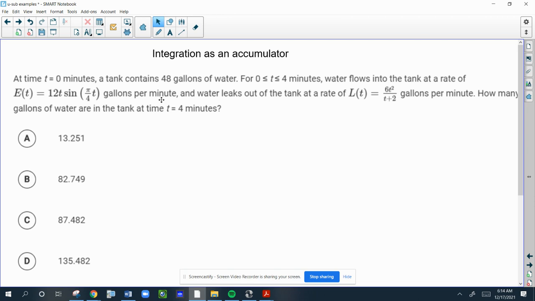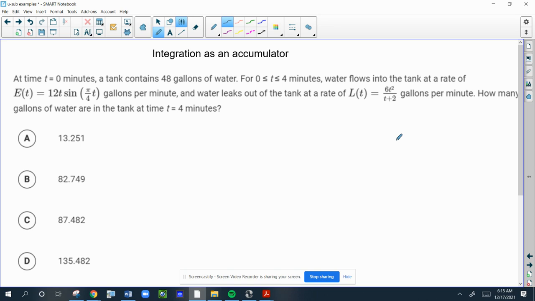This one looks like it's going to require a calculator, but here we go. It says at time t equals 0, a tank contains 48 gallons of water. And then water's coming into the tank at a rate of this amount, but it's also leaking out of the tank at this amount.